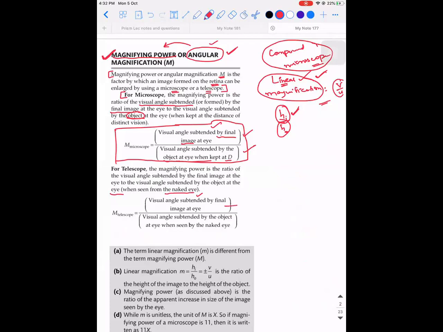So to put it in simple terms, final image is formed with optical instrument. Whereas this one is formed without optical instrument. Is there any doubt, guys?